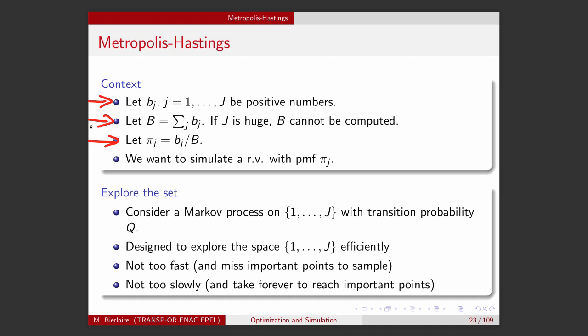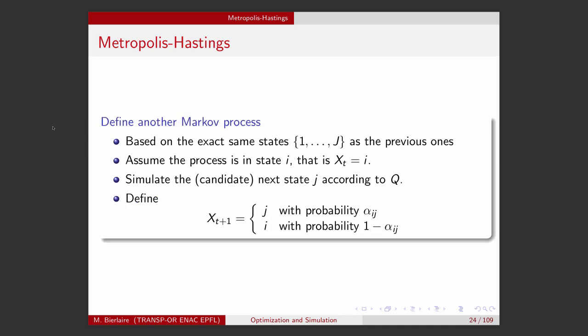So this is the main ingredient, this Markov process, which is basically designed to explore the space. There is no assumption about the stationary distribution of this Markov process. Remember, our objective is to define a Markov process with a target stationary distribution. So what we will do is build this Markov process based on the first one that we defined.